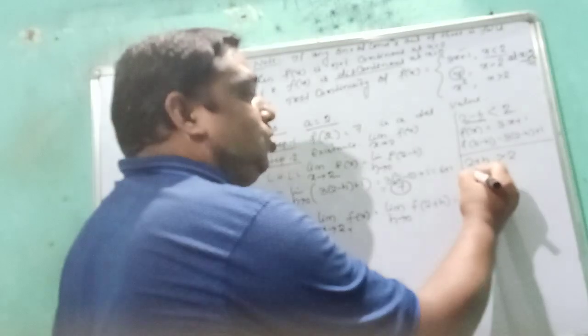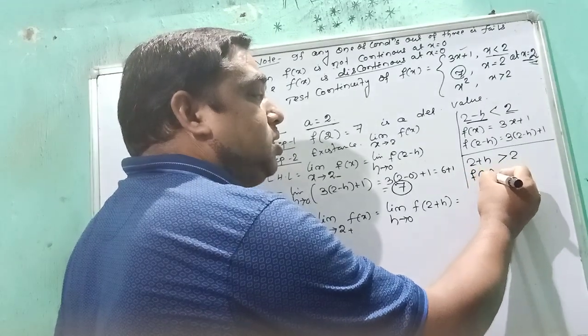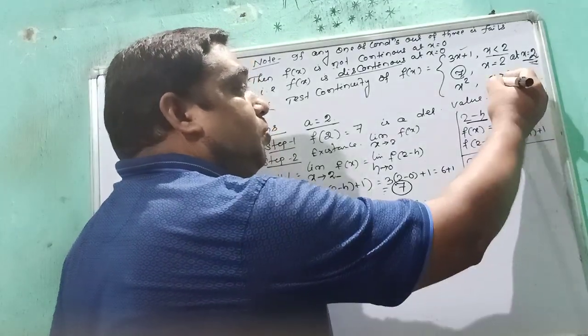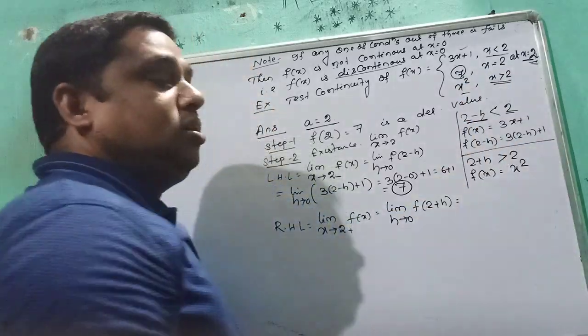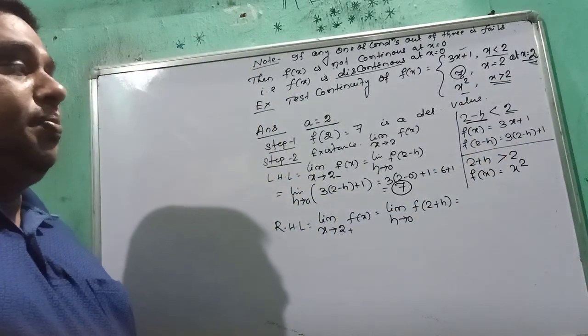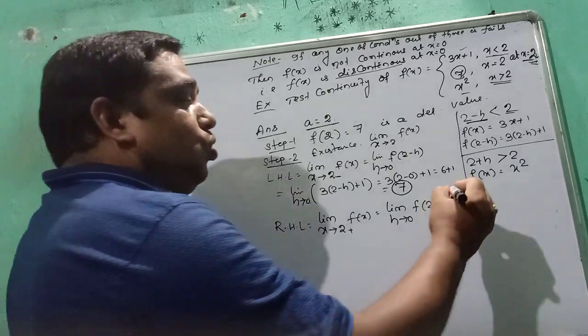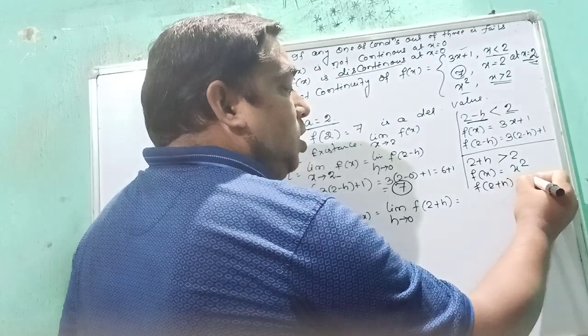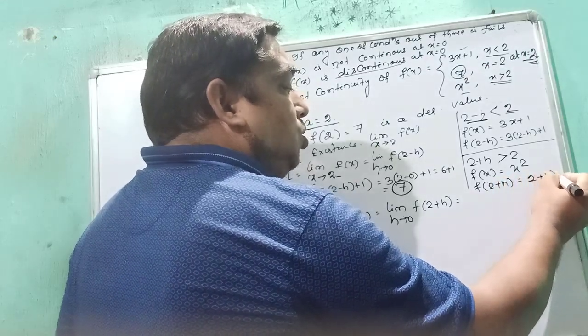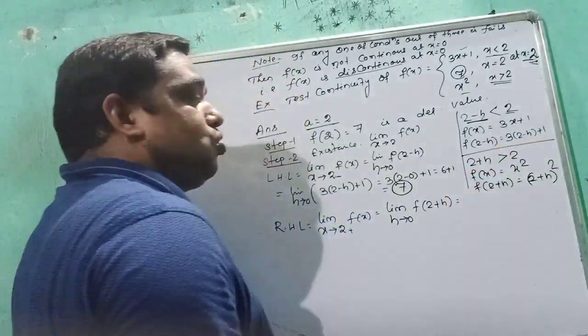Since it is greater than 2, f(x) is equal to x square for x greater than 2. So f(2 plus h) is (2 plus h) square.